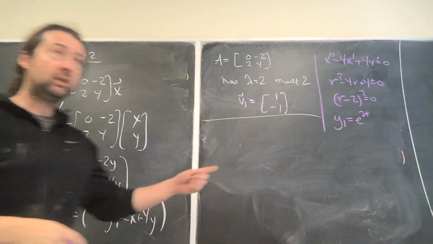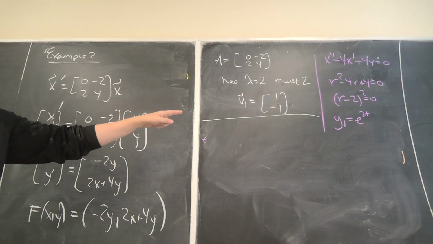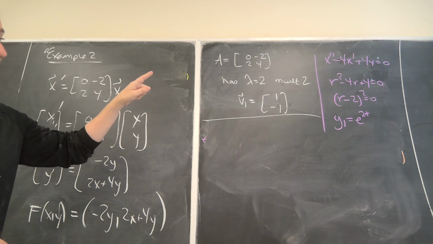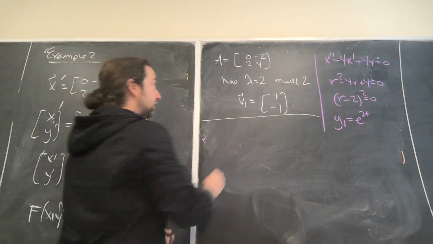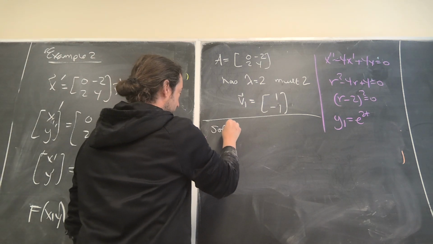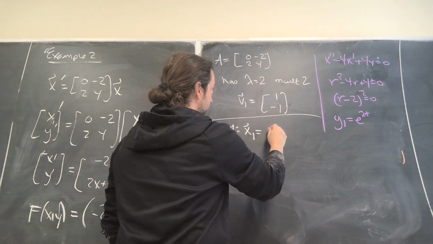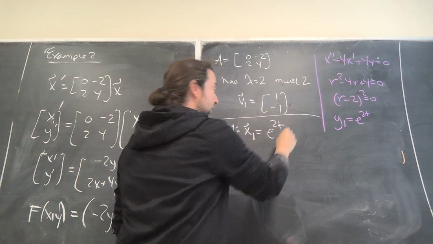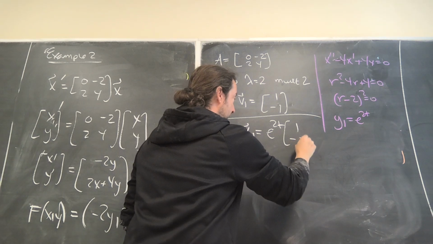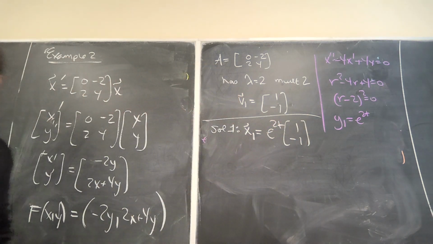I'm going to say the same thing here. I'm going to guess that I can immediately write down one of the solutions here as, so solution 1 is x1 equals e to the 2t times the vector 1 minus 1. I'm guessing that's a solution.